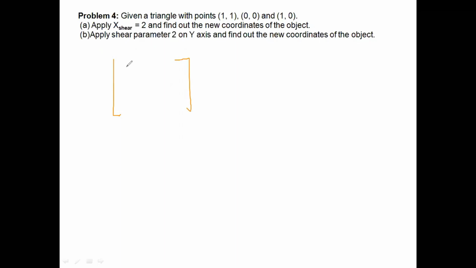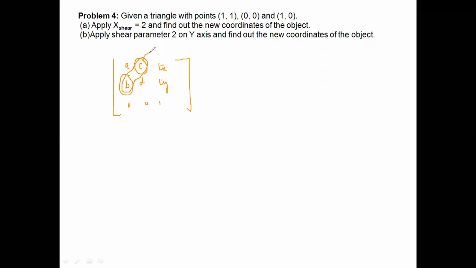If I write the general a b c d t x t y, these two parameters are responsible for the shearing in x and y direction. So this parameter is responsible for the shearing x, and this is for the shearing y.